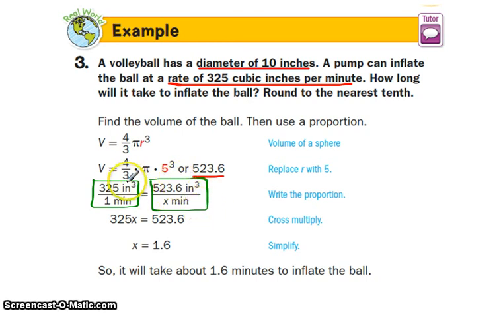Again, you can see that the volume is on top and the time is on the bottom. You guys know how to solve proportions. Cross multiply. So 325 times x gives you 325x. 1 times 523.6 is 523.6. Divide both sides by 325. It's going to take approximately 1.6 minutes to inflate that ball. Again, we just set up a proportion based on what they gave us.